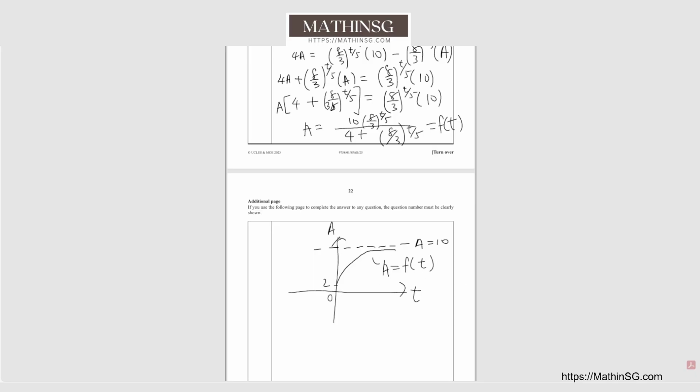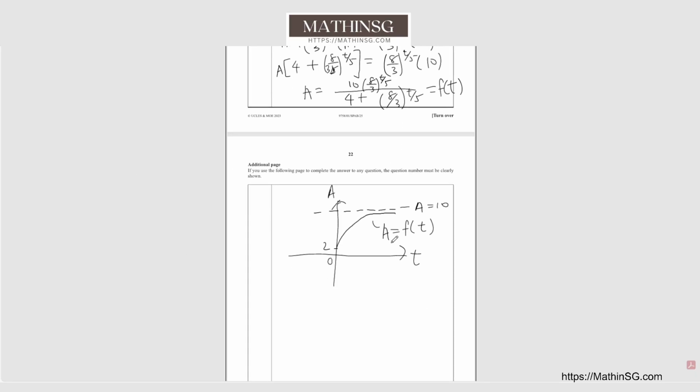And now I want to explain why you have an asymptote at A equals 10. Okay, so let's write out this equation here again. A equals 10 times (8/3) to the power of t over 5, over 4 plus (8/3) to the power of t over 5. Next, I'm going to divide everything by (8/3) to the power of t over 5.